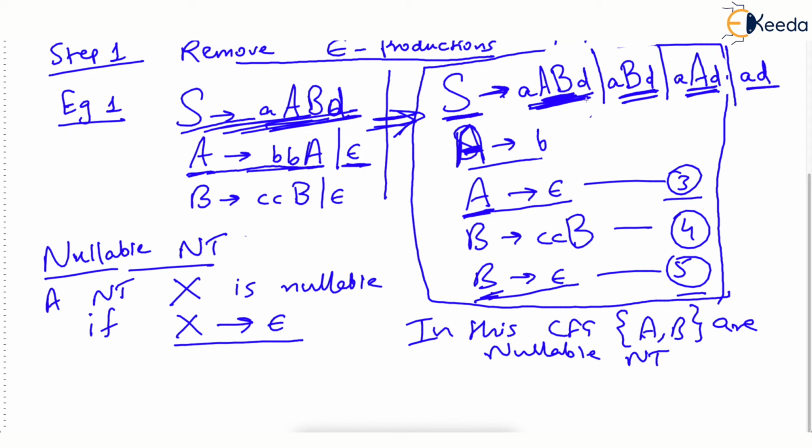So because A is nullable, you write BBA, that means you write A, and then again you write the same production without A because A is nullable. So whenever you have a nullable non-terminal on the right hand side, you write the right hand side with the nullable non-terminal and again without nullable non-terminal. So this production, A derives BBA, has changed into two different productions.